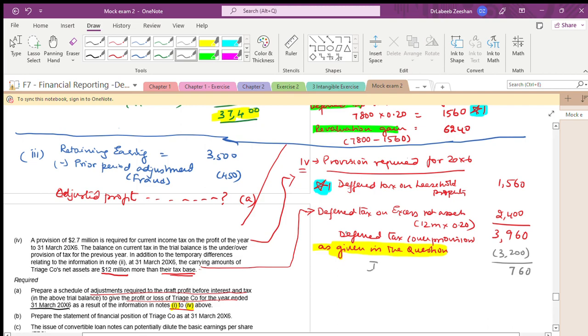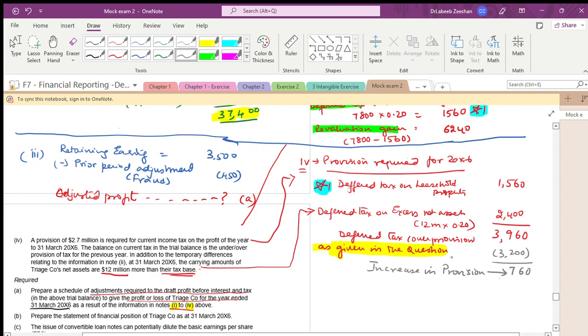This is nothing but increase in provision. Increase in provision, how much? 760. Fine. Hold it.